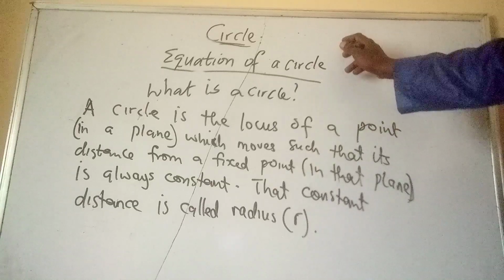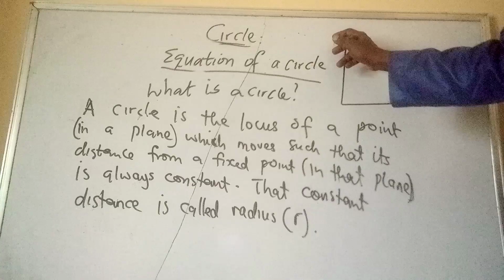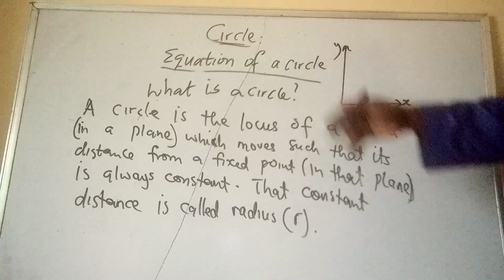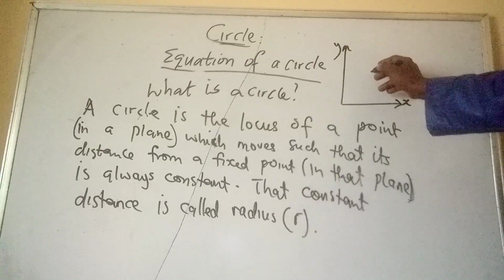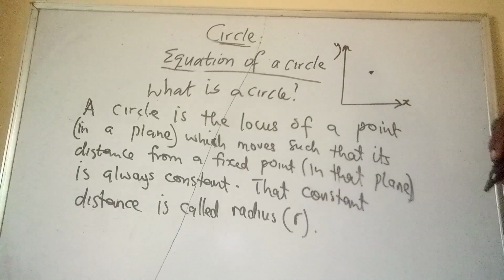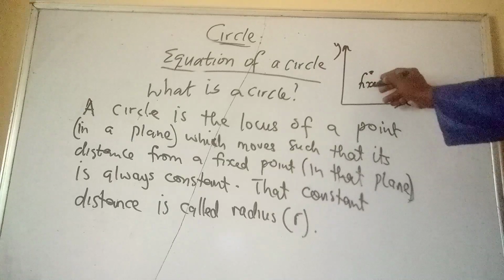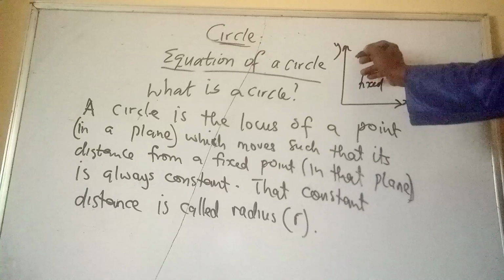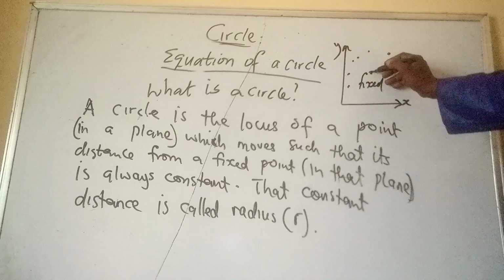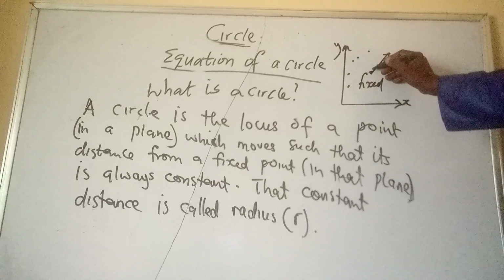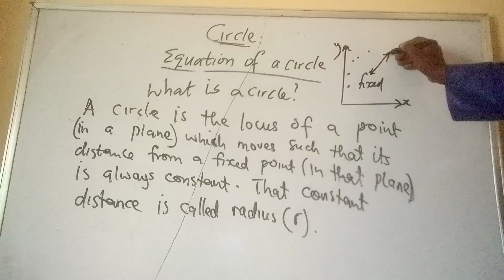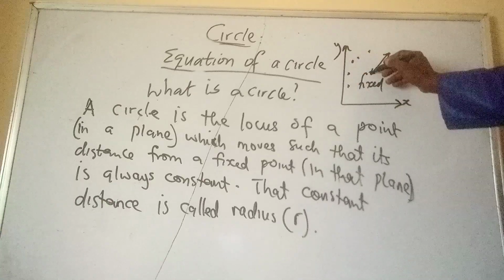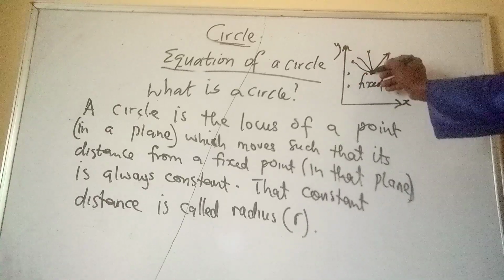Alright, look at this. Let's say this is a plane XY, and let's say this is a point which is fixed. Then there's another point that is moving, but its movement is such that if you measure the distance from the fixed point to wherever the point gets to, the distance will be the same thing throughout.